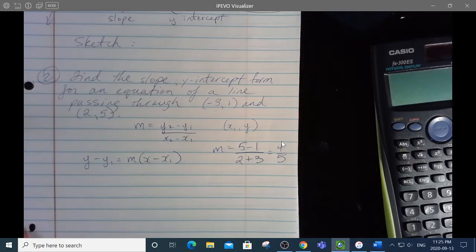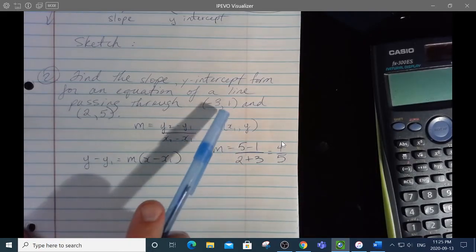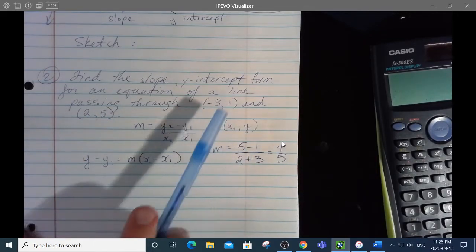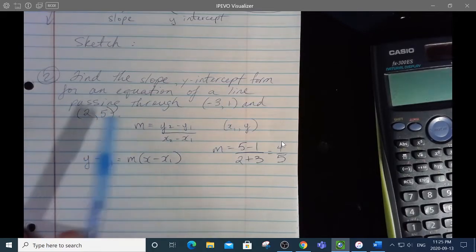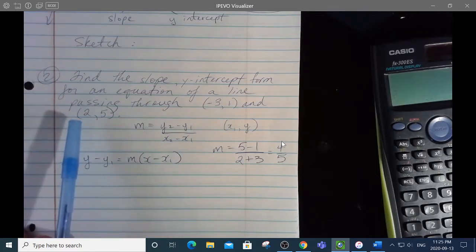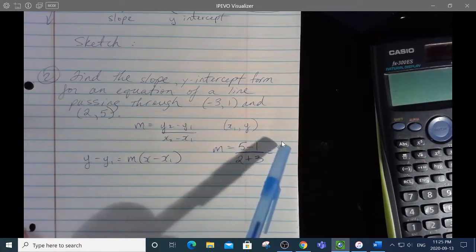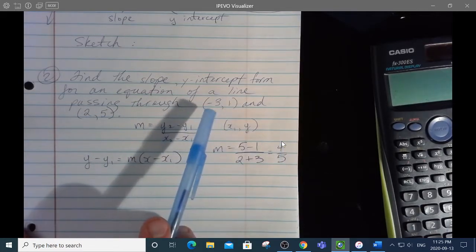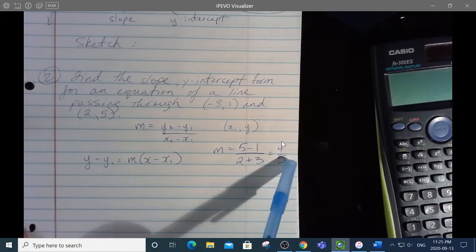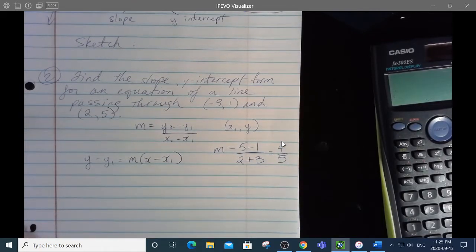I did originally say, let's go 1 minus 5. Notice I'd have got the same answer, because I'd then have -3 minus 2 on the bottom. 1 minus 5 is -4 on the top, and -3 minus 2 is -5 on the bottom. The two negatives would cancel, and I still would have had 4/5. So the slope is 4/5.